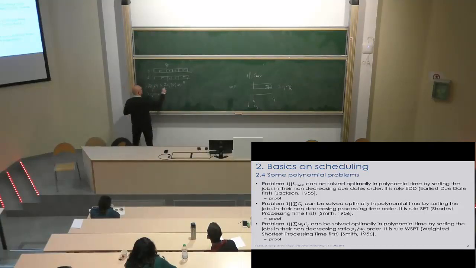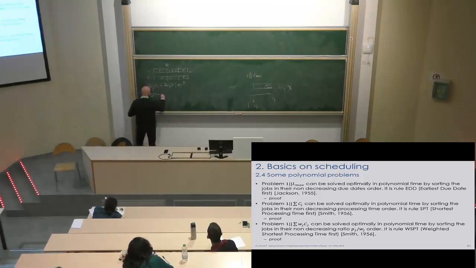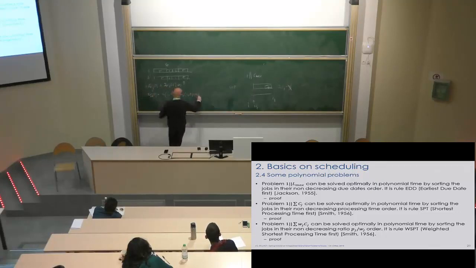which is the same, plus the weighted completion time of job i, which is equal to wi (C sigma plus pi), plus the contribution of job j, wj (C sigma plus pi plus pj), plus the total weighted completion time of the jobs in pi after sigma ij.